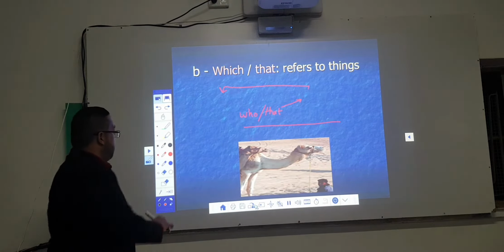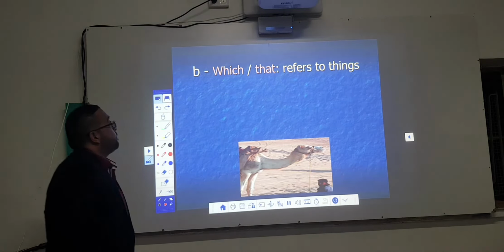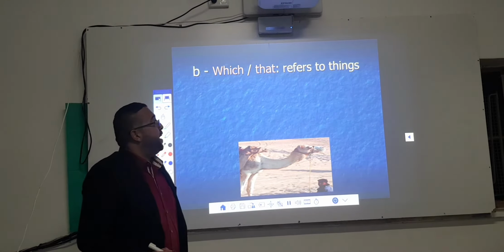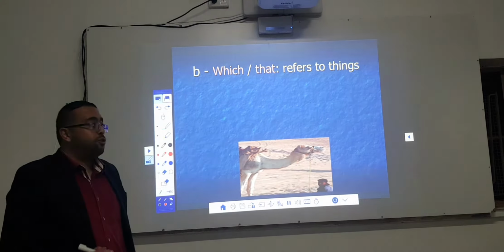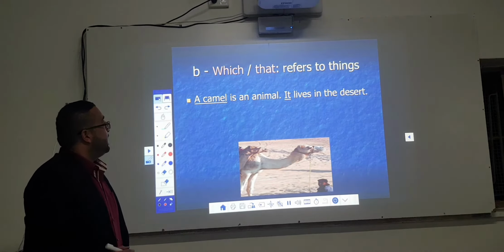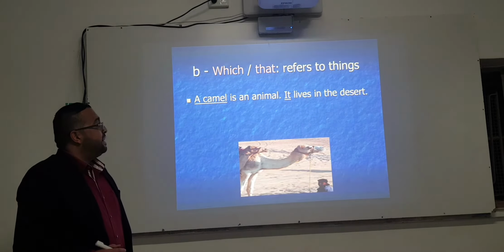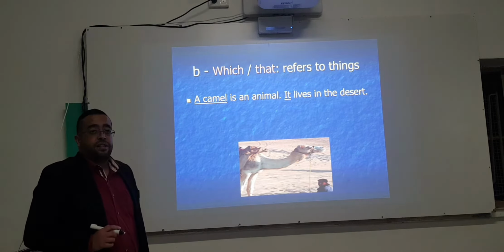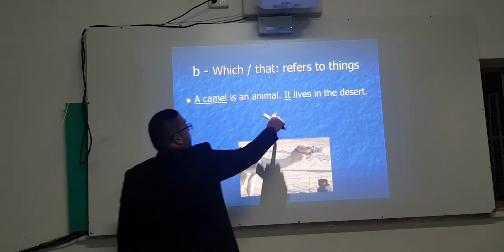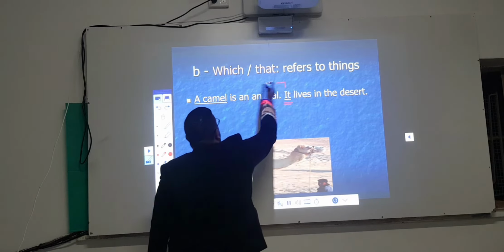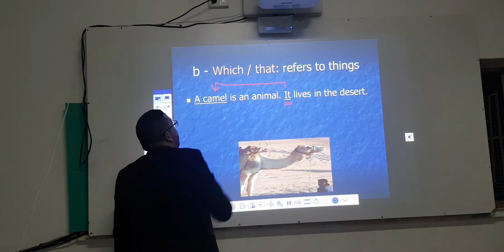Number 2, B. Which or that refers to things. Example, a camel is an animal. It lives in the desert. The underlined pronoun it refers to the noun a camel.